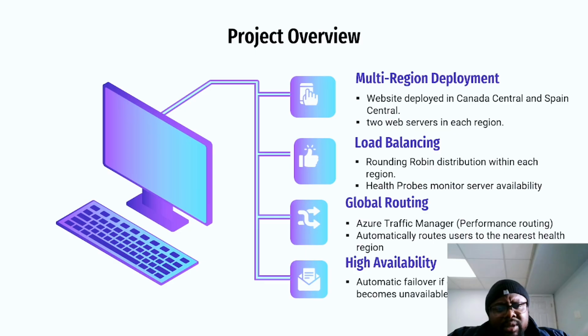Then the global routing, which is Azure Traffic Manager performance routing, which automatically routes users to the nearest healthy region. And then high availability, where we'll talk about failover if one region becomes unavailable.